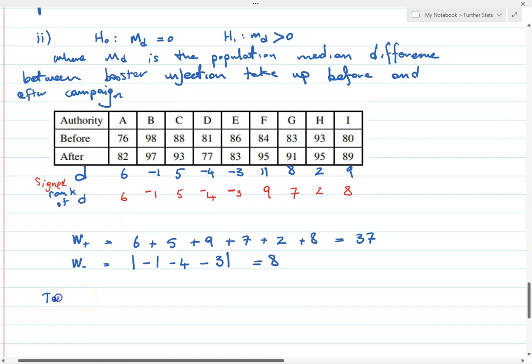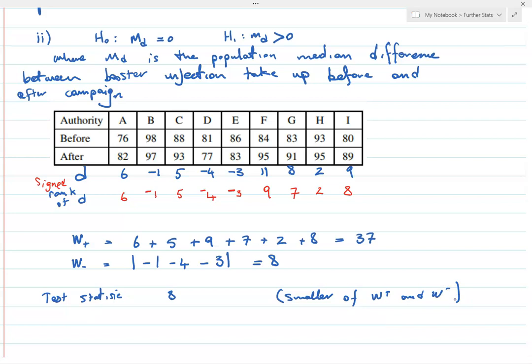So the test statistic is the smaller of W plus and W minus, so that's 8. Okay, and then we need to check that from the tables.